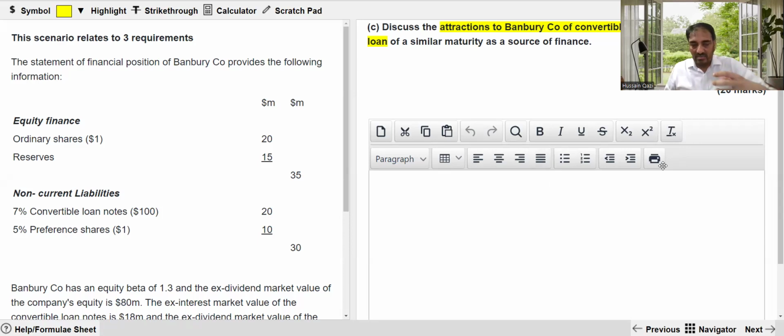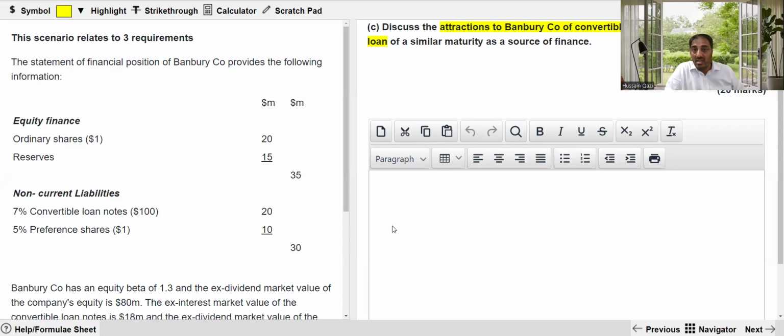I know why you people normally face problems with theory: you have knowledge from the book, but you don't invest time to attempt the question according to the examiner's expectations. If someone only writes the advantages of convertible debt, you will only get selective marks. Two marks, maximum three. Sorry, not three, maximum two marks.